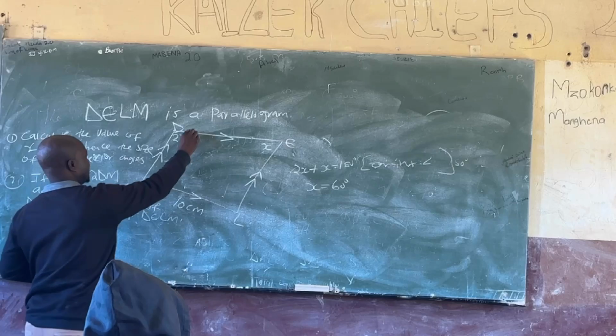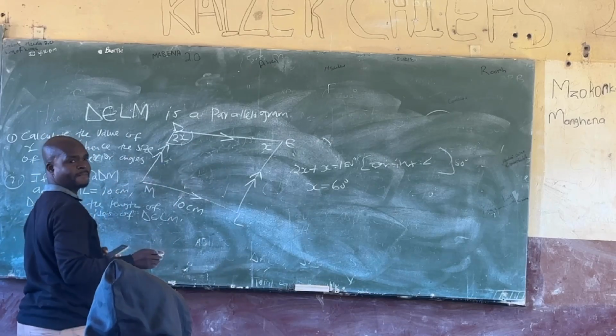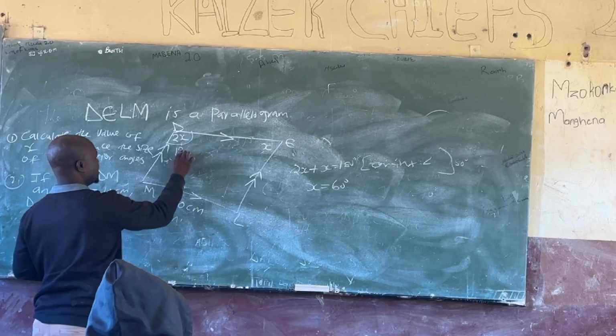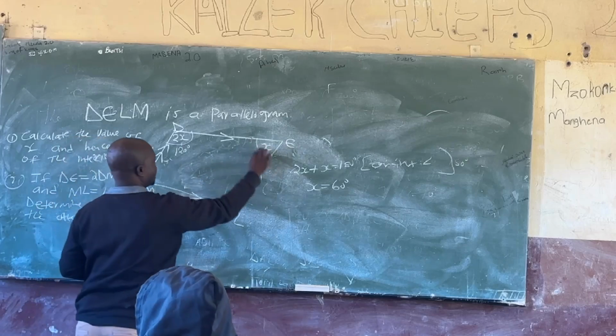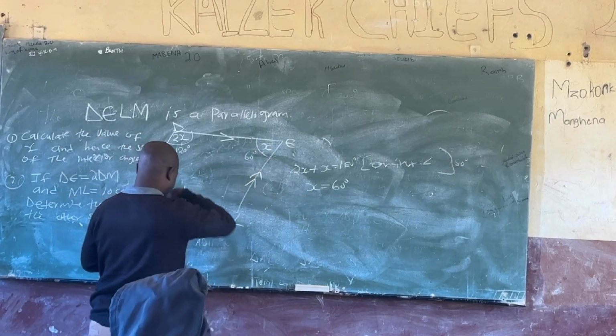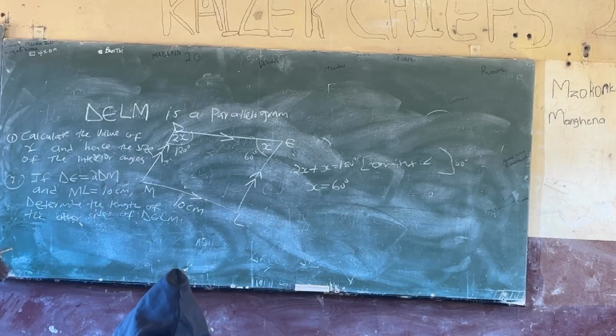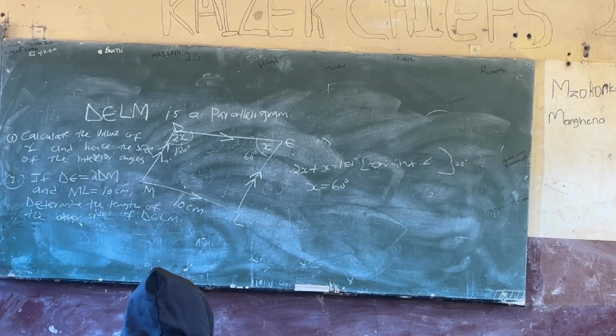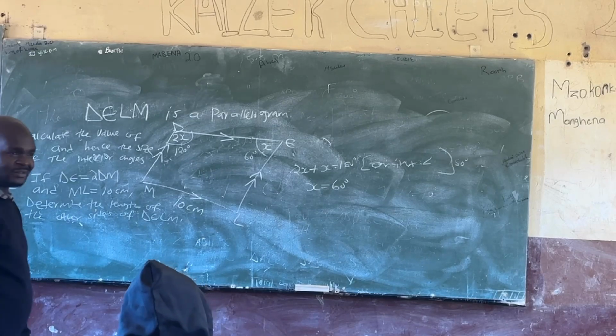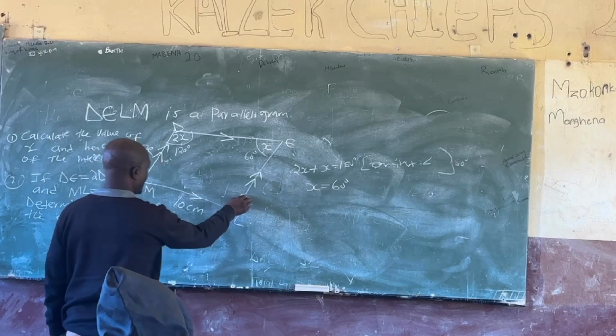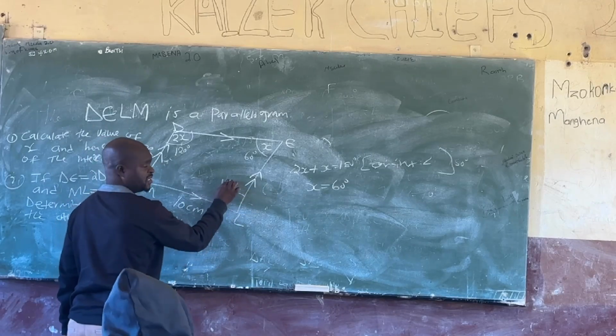what is the size of this angle? 180. And he is what? 60 degrees. From there, what is the size of angle L? Angle L. 120.